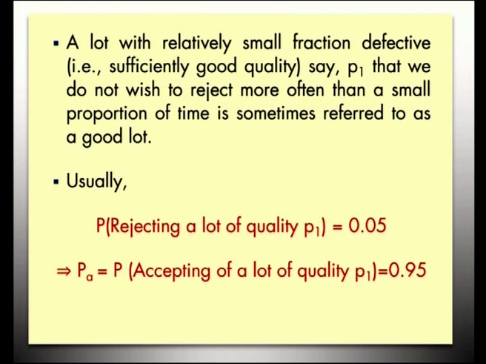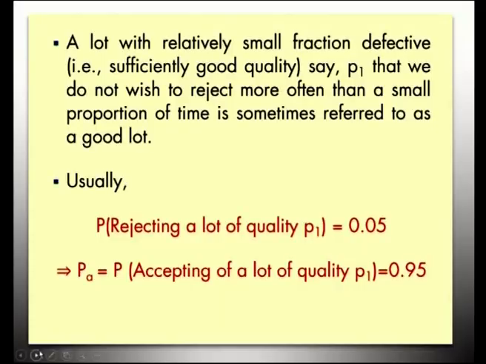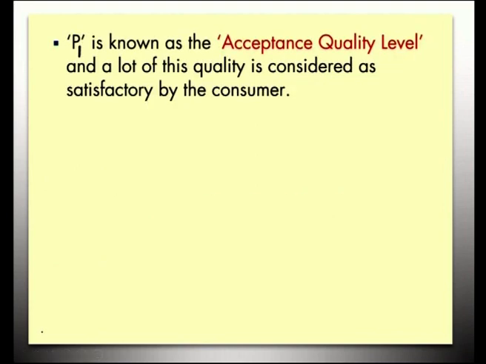So, the probability of accepting a lot of quality P1 is 95%. This P1 is called the acceptable quality level, and a lot of this quality is considered satisfactory by the consumer.